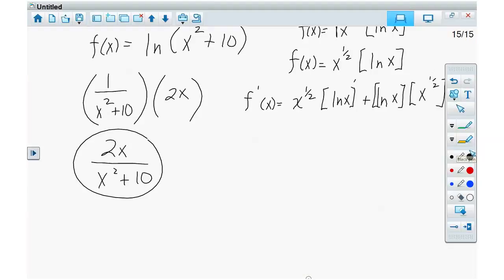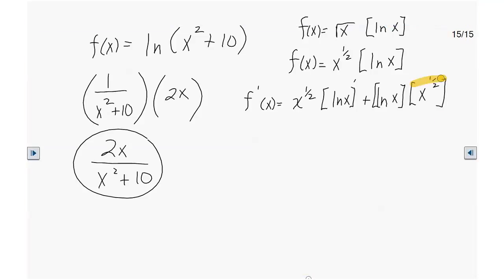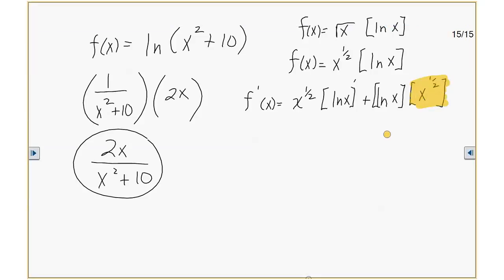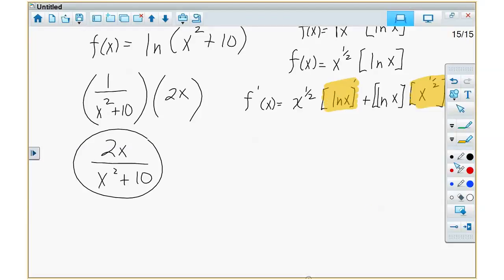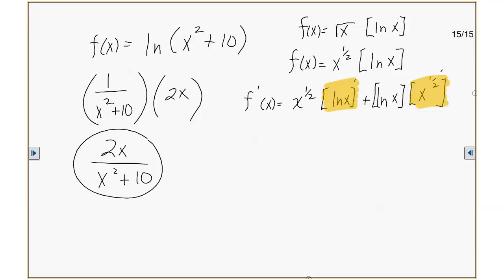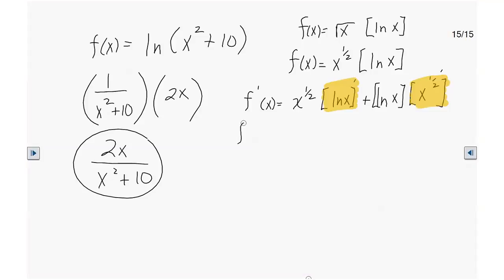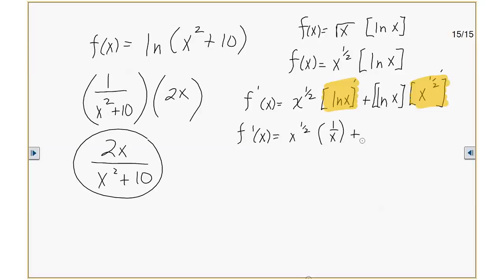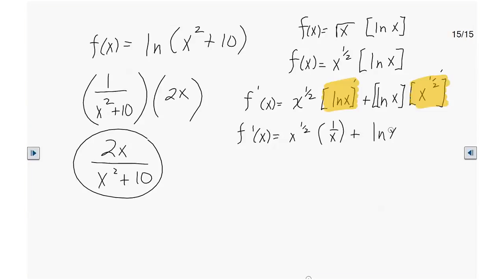Take my handy dandy highlighter. Note we're going to take the derivative of. So f prime of x is equal to x to the 1/2 times 1 over x plus the natural log of x times 1/2 x to the negative 1/2.